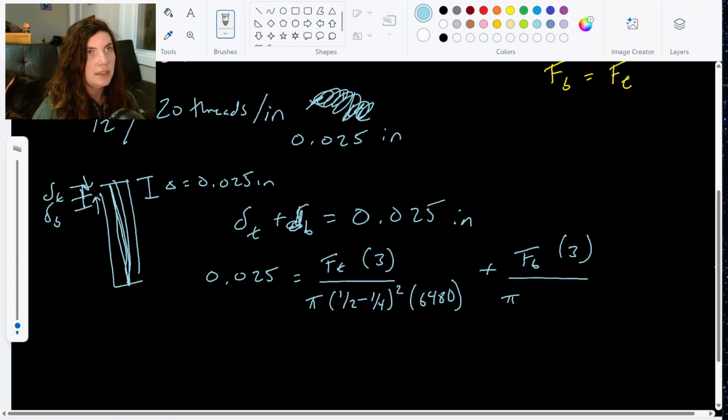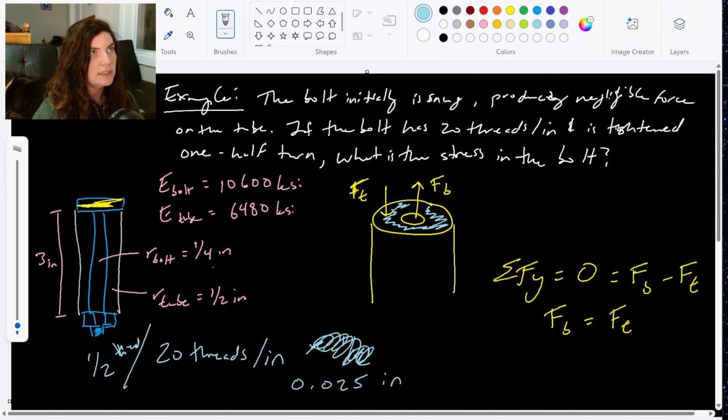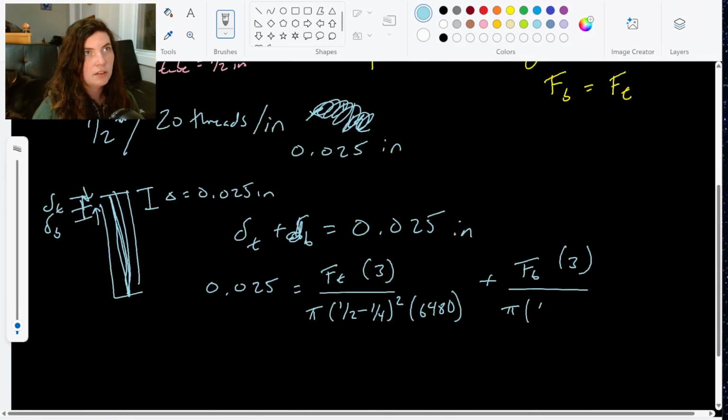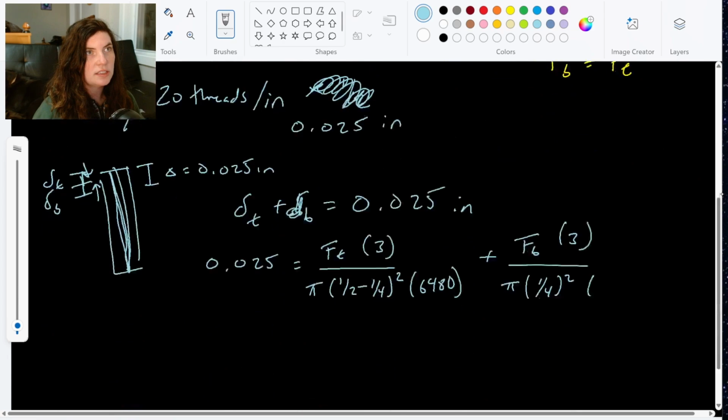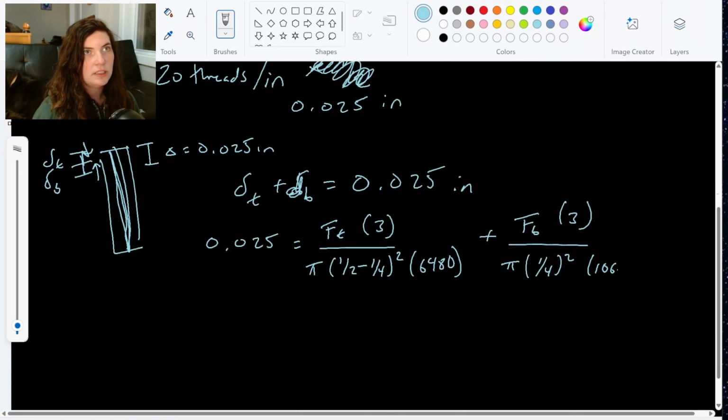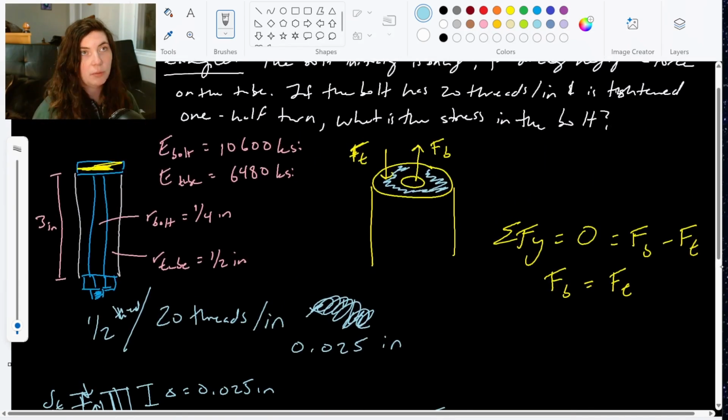And then our area is pi r squared. Our radius is the 1/4 inch that they give us. So 1/4 squared. And then the modulus of elasticity for the bolt, it gave us as 10,600 KSI. So now we've got this big, ugly hunk of an equation that we can simplify down to combine with our equilibrium equation, right?